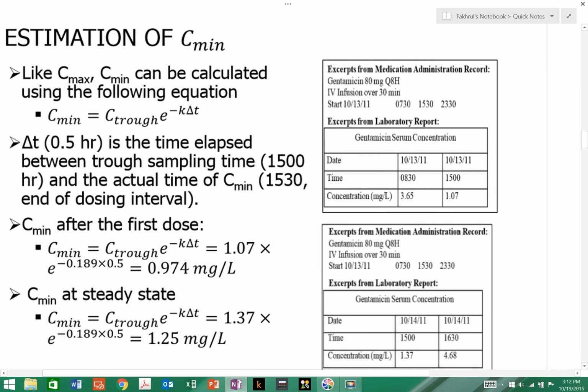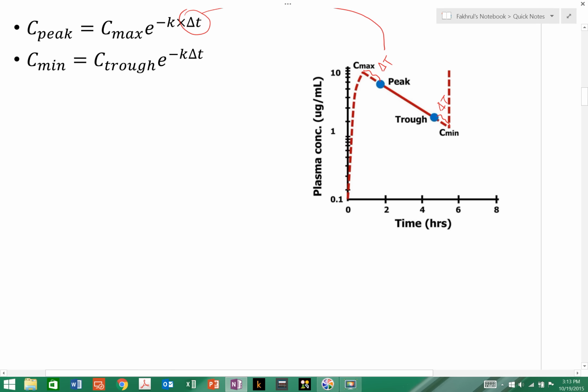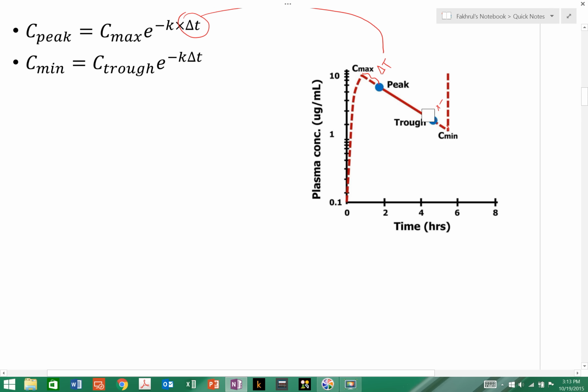In case of Cmin, timing is somewhat different. What we know, if you go back to C trough, this is your time. This would be your delta tau.